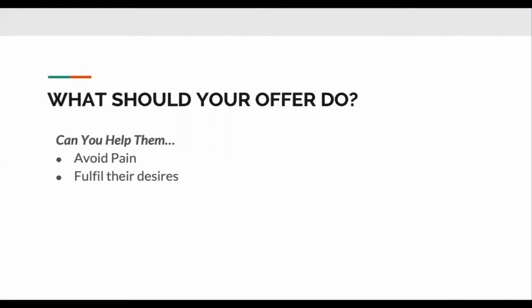But I've noticed, and it's proven, that avoiding pain is a more powerful catalyst for action than helping people fulfill desires. For instance, during this coronavirus time, people might want to buy cars. Maybe someone has been saving money till around February, maybe till the middle of March. It was around March that they started locking down places.